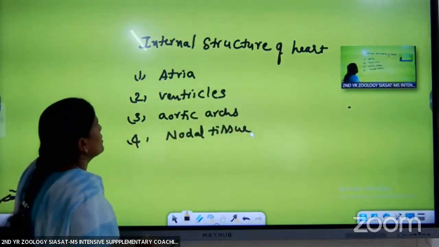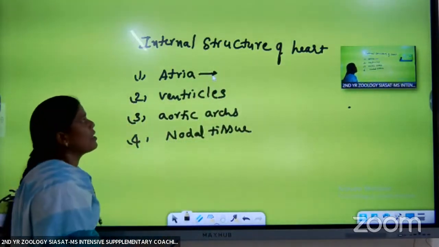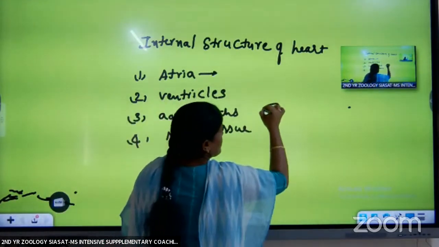Here the first, upper chambers are called the atria. They are the receiving chambers. Here, I'm trying to draw the diagram. See this one.